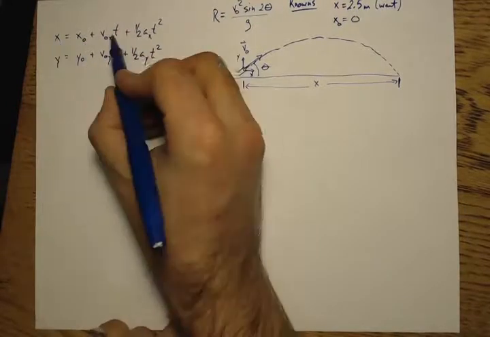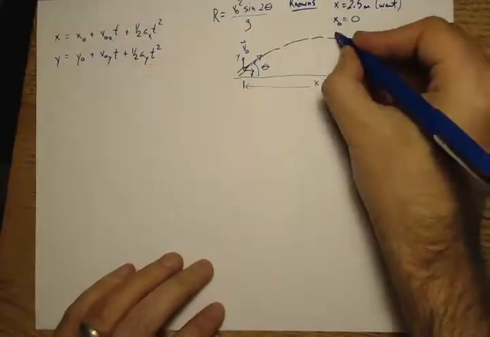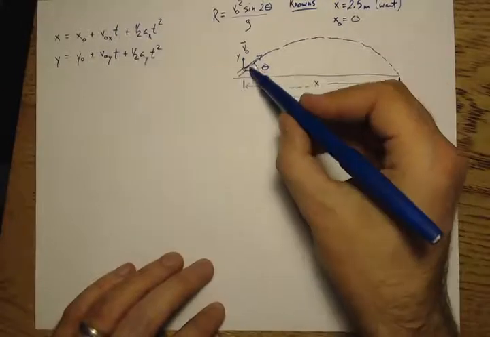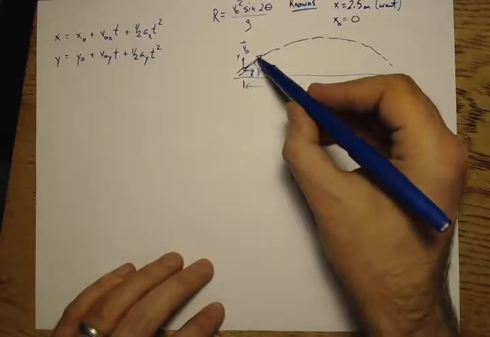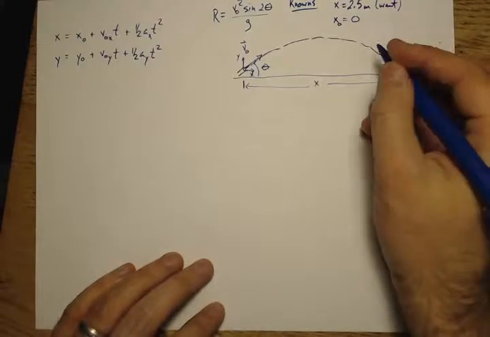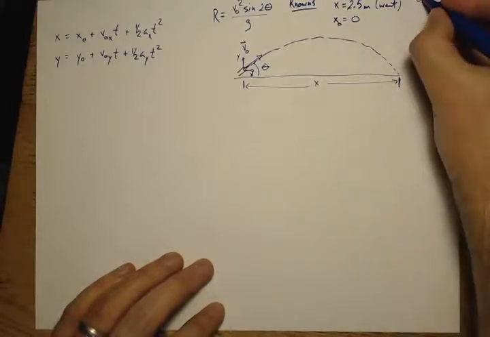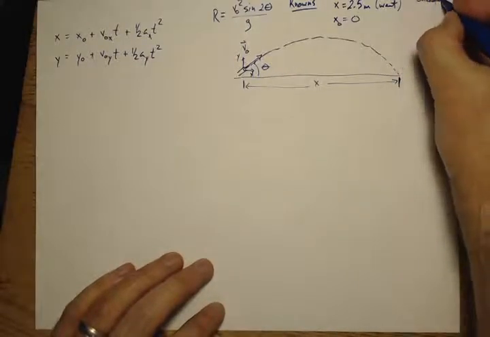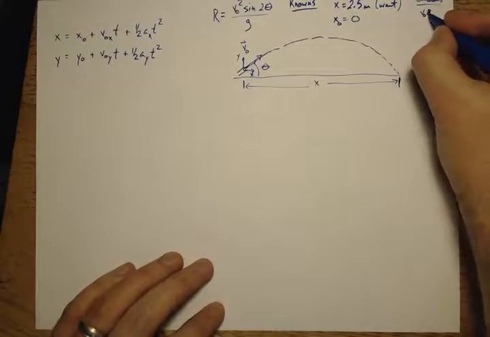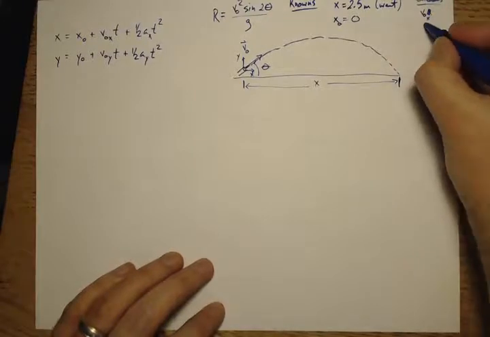Do I know this? V naught x, I don't really know. So I'm not going to write that in the list. Time, that's going to be the total time that this droplet of water goes from the hose over to here. I don't know what that one is. So I'm going to say unknown so far. I don't know V naught x. And I don't know time.